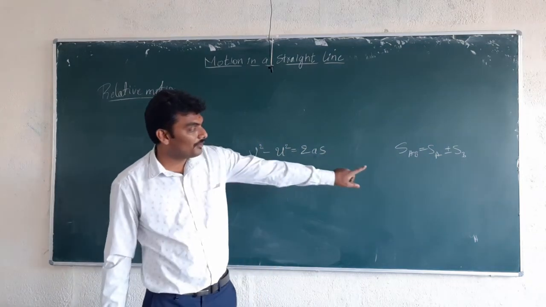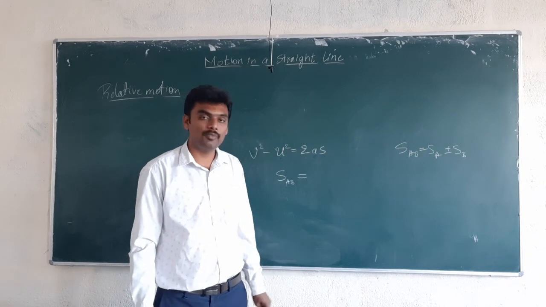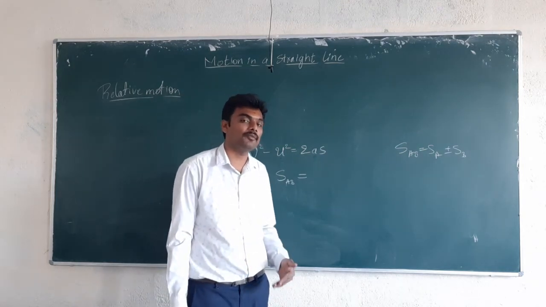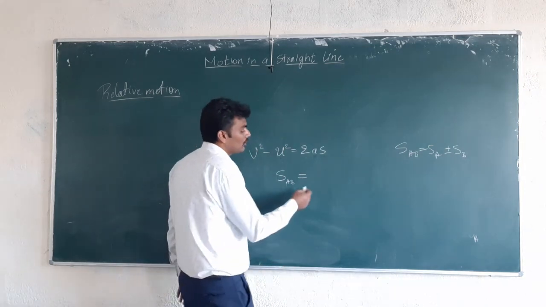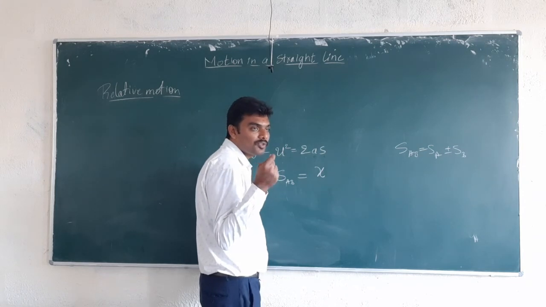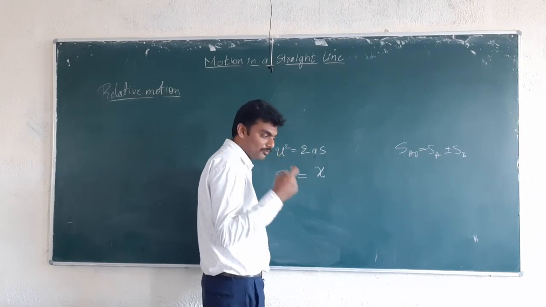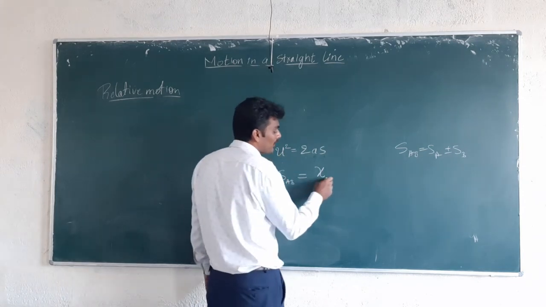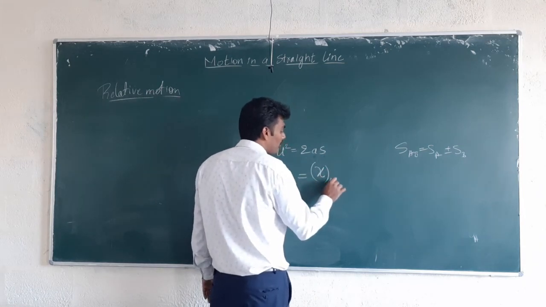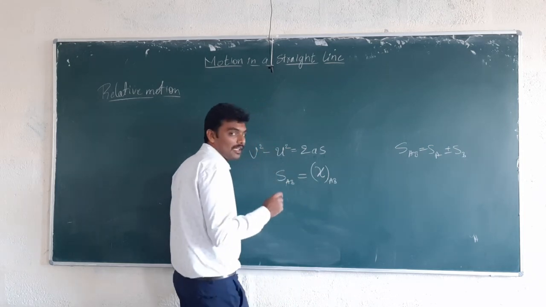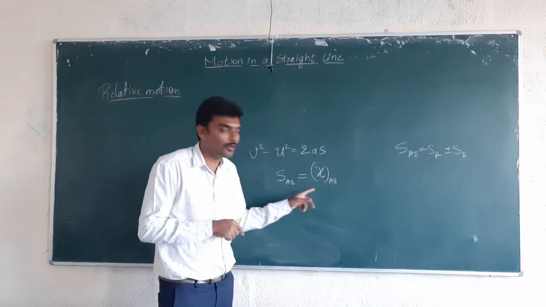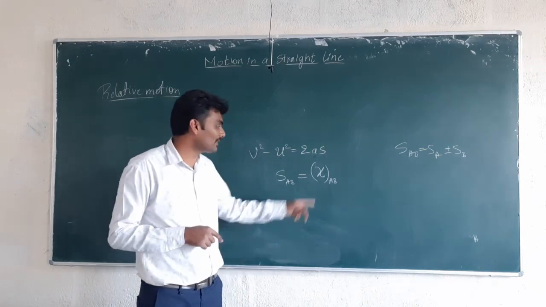But if we don't know what SA and SB are, if we don't know the displacement of the individual bodies, then we should go for the initial relative position and the final relative position of bodies A and B, XAB. I hope you got the idea in the last problem. What is this XAB?